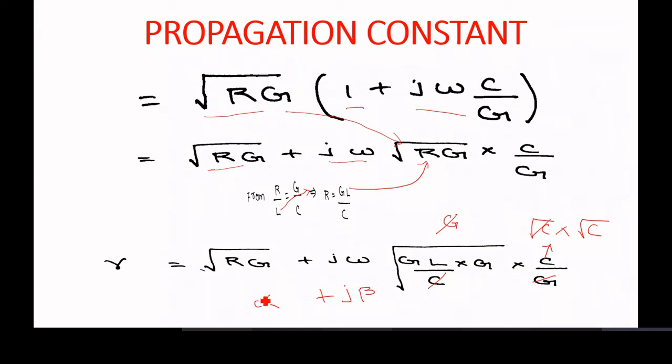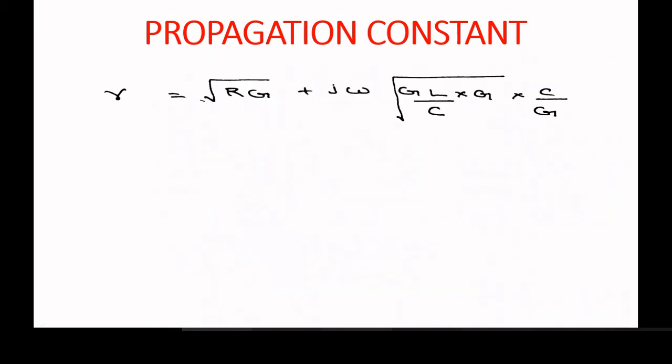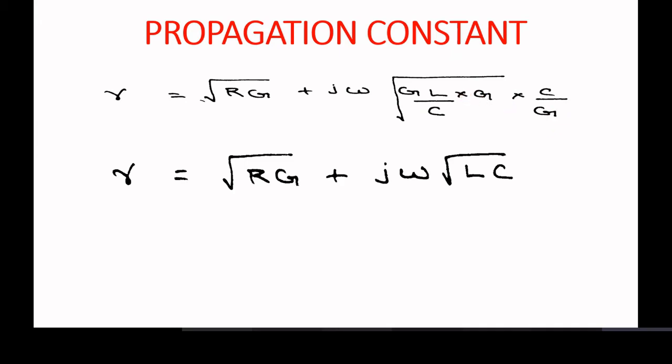So for a distortionless transmission line, alpha should be independent of f, right? So here alpha is not a function of f. They are not depending on f. Next slide we will see. So this is the expression we have. As I have said, G into G, G square and root will get cancelled and G will get cancelled.